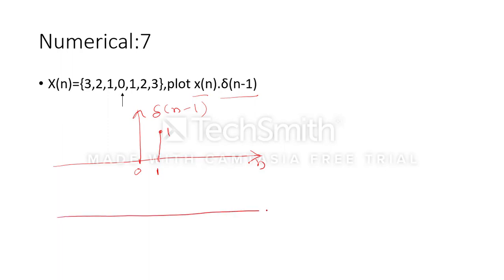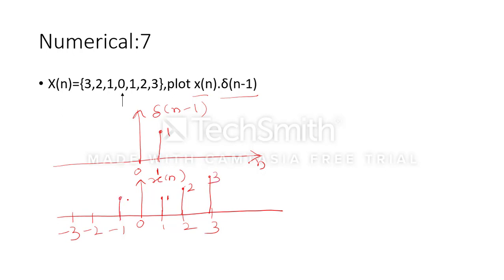And if we multiply with xn, where xn is 0, 1, 2, 3, minus 1, minus 2, minus 3: at 1 it is 1 magnitude, at 2 it is 2 magnitude, at 3 it is 3 magnitude.